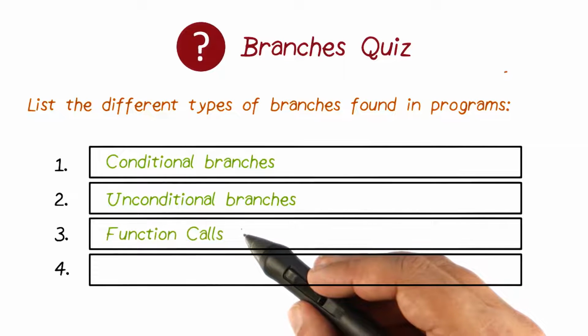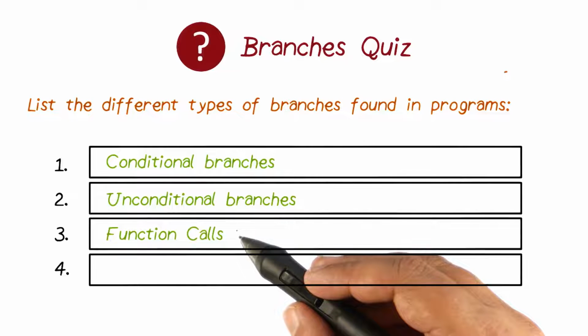The third type of branches, and this may be less apparent, are all those function calls. Remember what happens when a function call takes place? We are at a particular place in the code and we want to go to that location which has the body of the function call. And so typically this type of instruction is called branch and link.